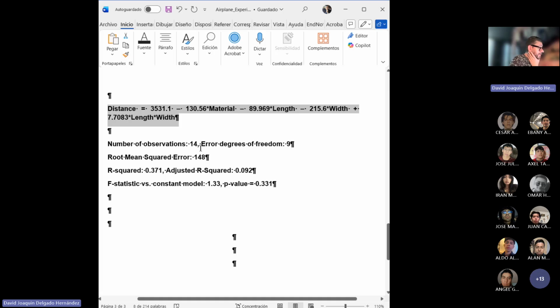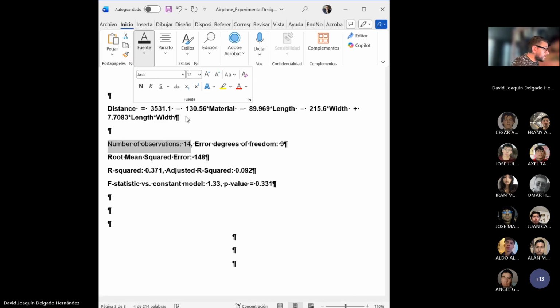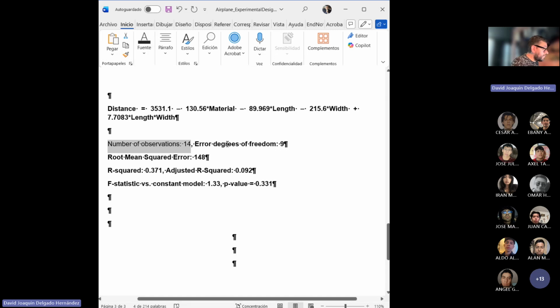So here you can see that the number of observations is 14. The errors degree of freedom is 9.